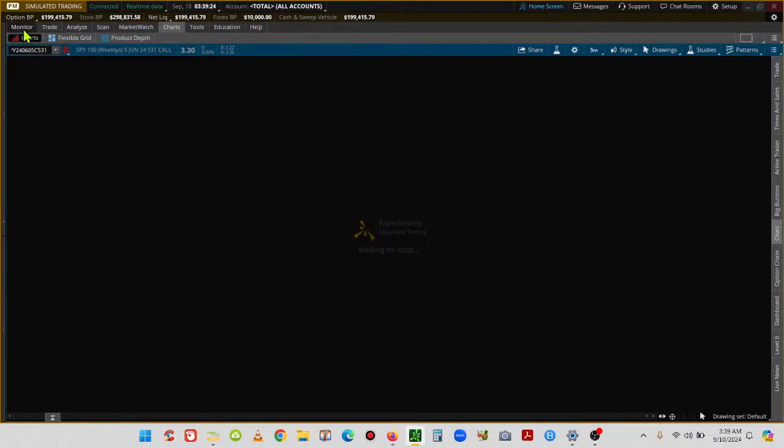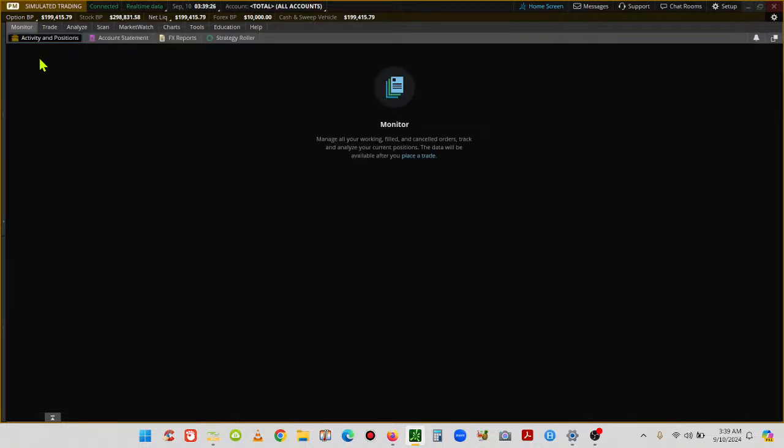So now if you have a trade that's open, you can click monitor, and you have activity and positions right here. So from monitor, you click activity and positions.